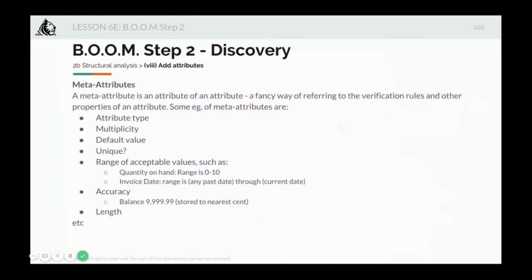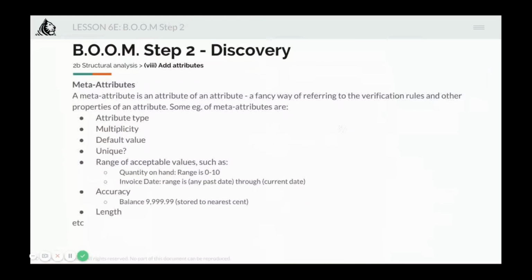For example, unique is another interesting thing that you might want to track about a certain object, whether the object is unique or not. So a yes indicates that the value of the attribute is unique for each object in the class. For example, invoice number is always unique, but some other document, for example a solution file, may not be so unique.